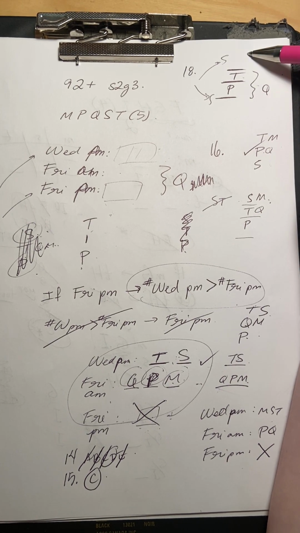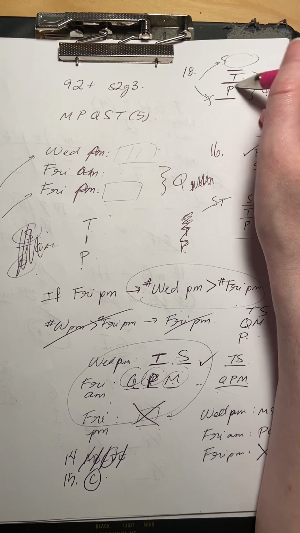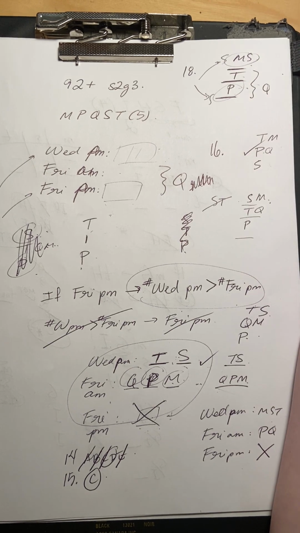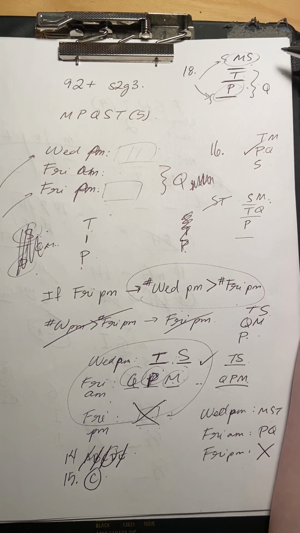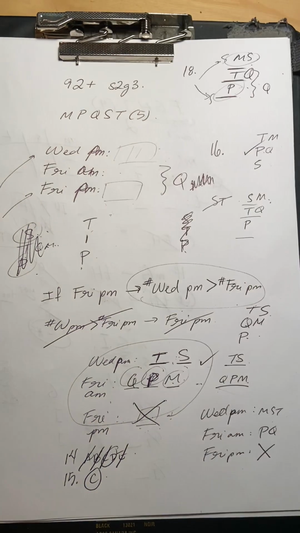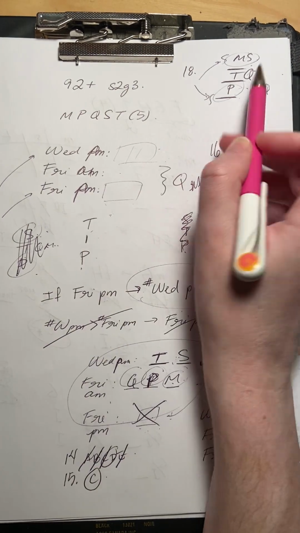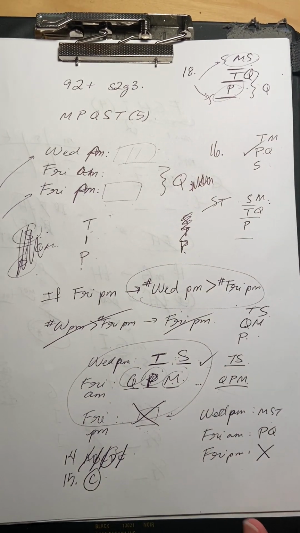Okay, so in order for us to have more on Wednesday than on Friday, we have to have both M and S on Wednesday. And then Q is going to have to be in the middle there so that we have 2 and 1. So who must be scheduled for the same session as each other? Q and T have to be scheduled for that Friday morning session.